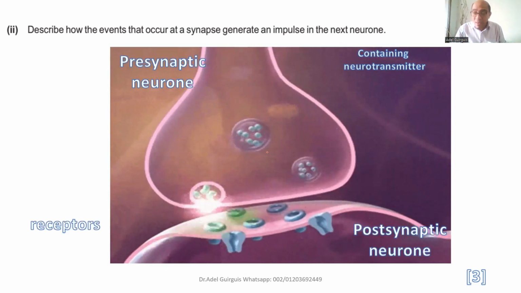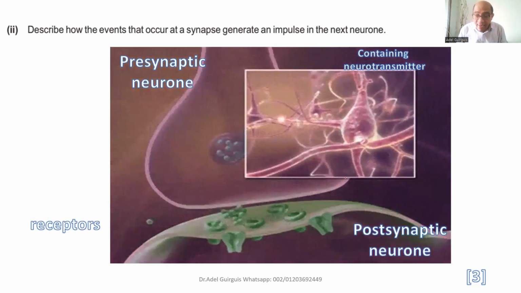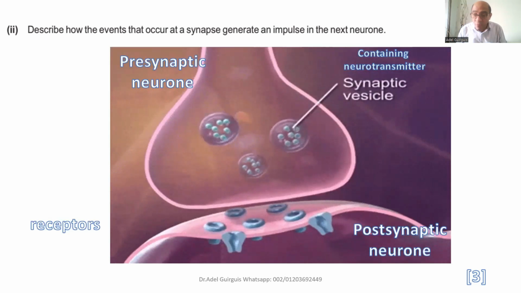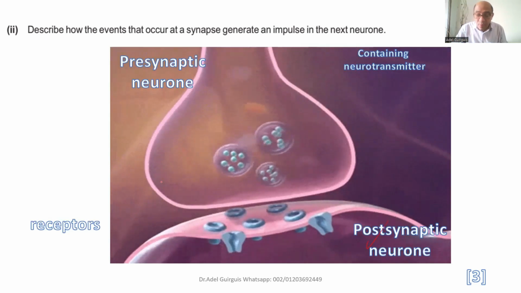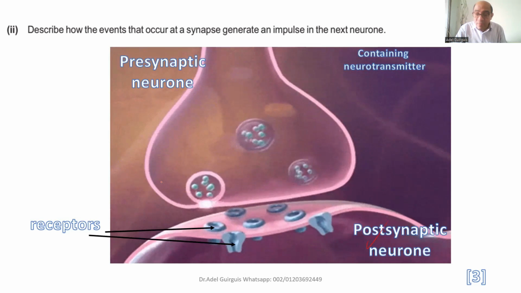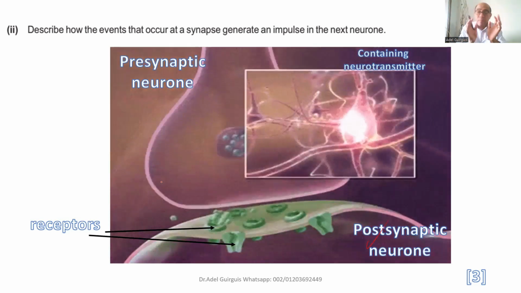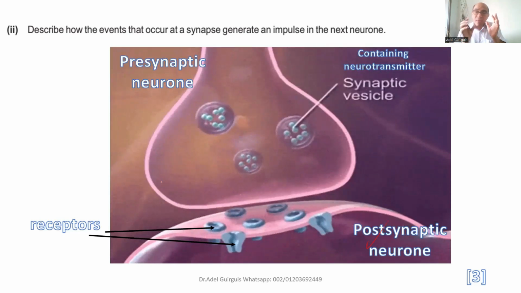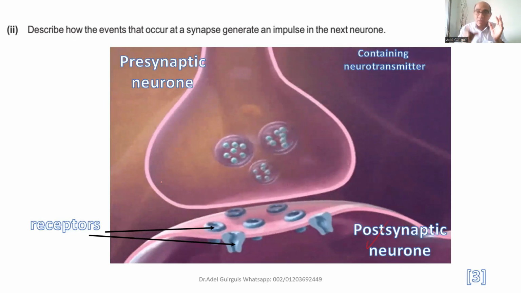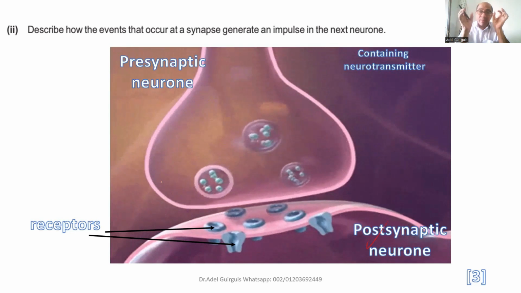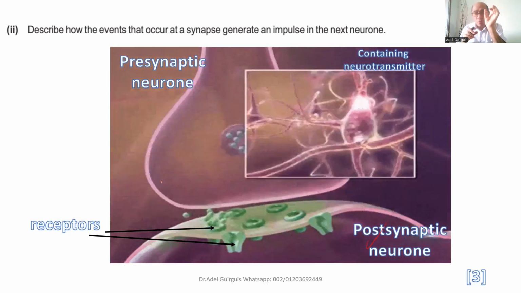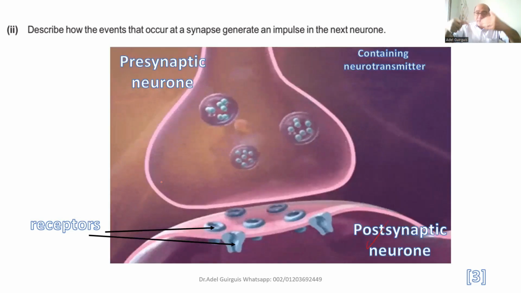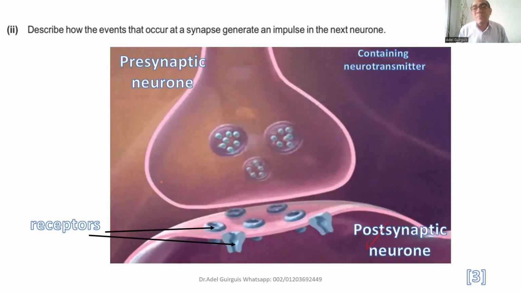These receptors, these green areas, are involved in the membrane structure of the postsynaptic neuron. This protein receptor has a channel. When the receptor receives neurotransmitter, the channel opens and the nerve impulse passes to the postsynaptic neuron.